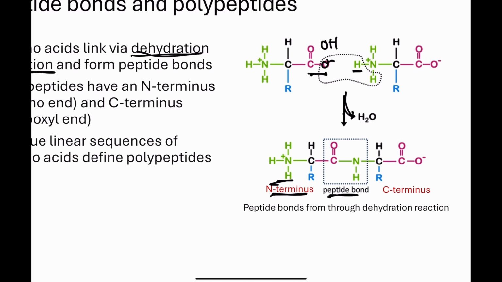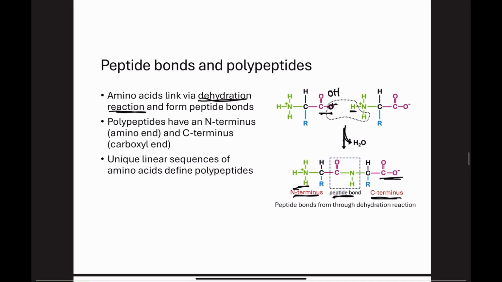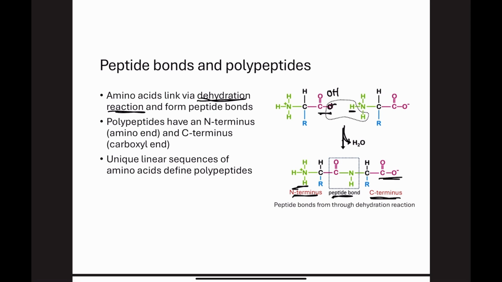But at the other end, we have a free carboxyl group, which is known as the C-terminus. Polypeptides range in size from a few monomers to even thousands. And each polypeptide is going to have a unique linear sequence of amino acids, and this unique sequence is going to define our polypeptides.